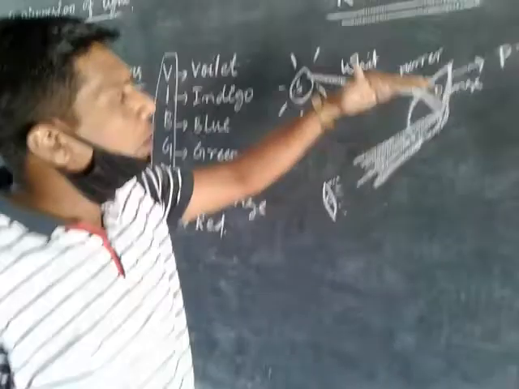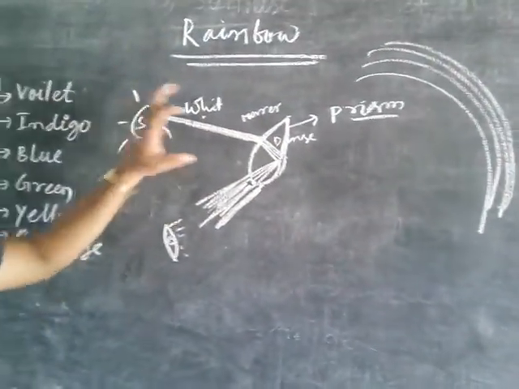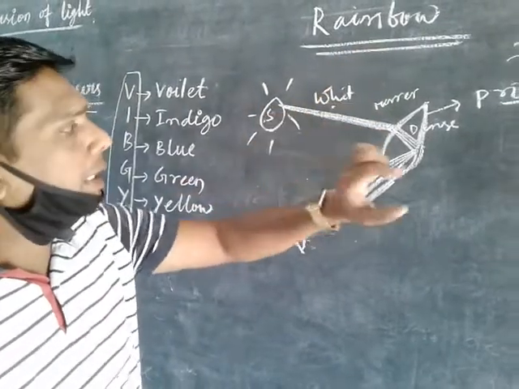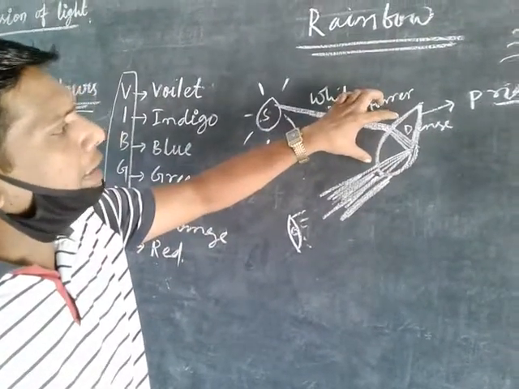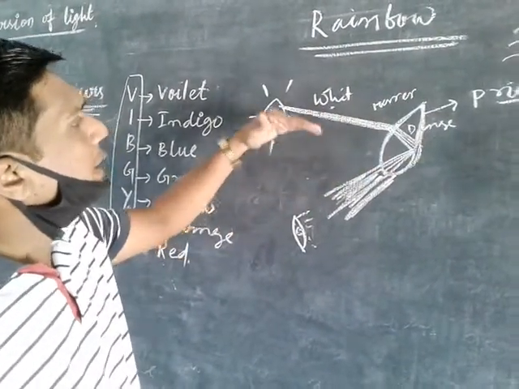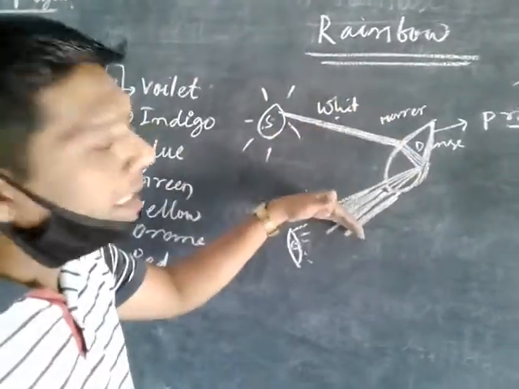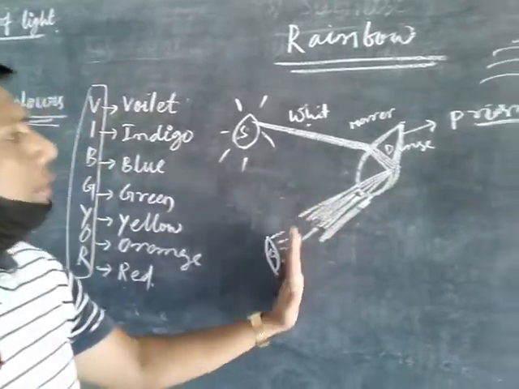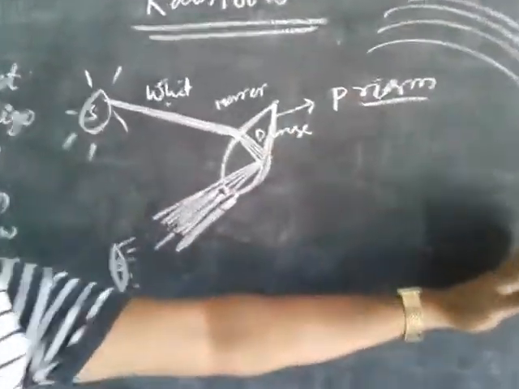Rainbow always forms opposite to the sun. Why will a rainbow form? Because the water works as a prism. So this white light gets split, and after splitting, it gives the spectrum of light. Therefore, a rainbow is formed.